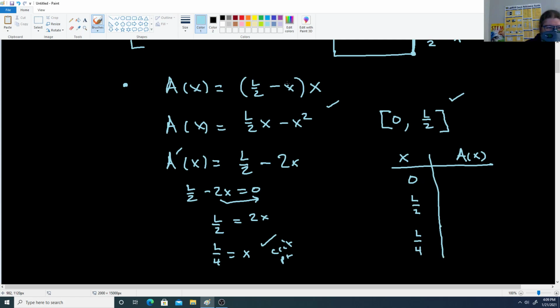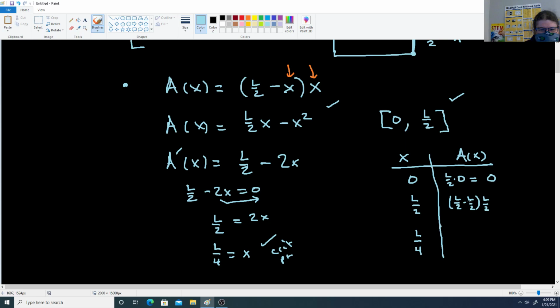So if I put 0 in here, I get L over 2 times 0, which is 0. If I put L over 2 in for the x's, so I'm plugging them in for the x's here and here, then what I get is L over 2 minus L over 2, all that times L over 2.